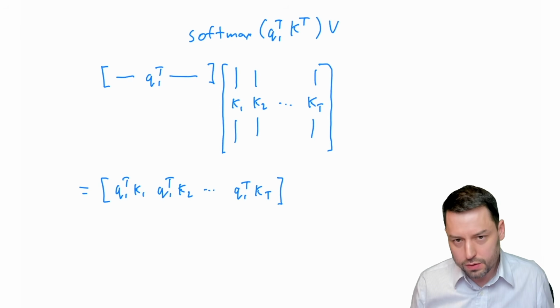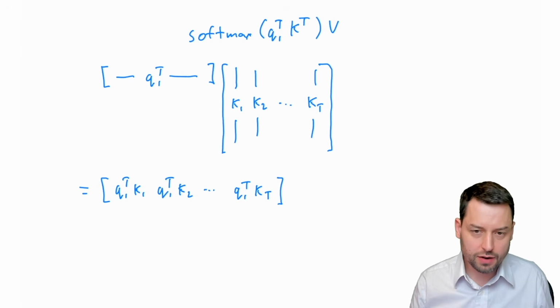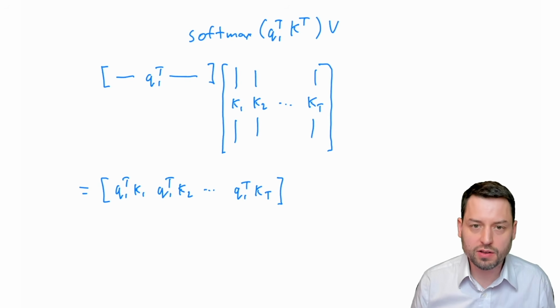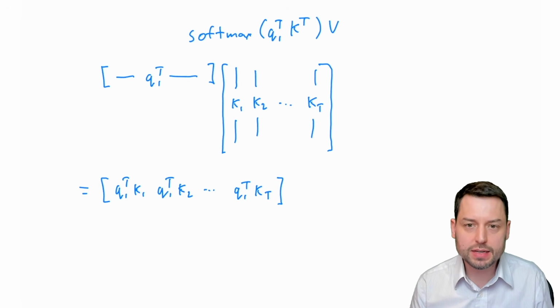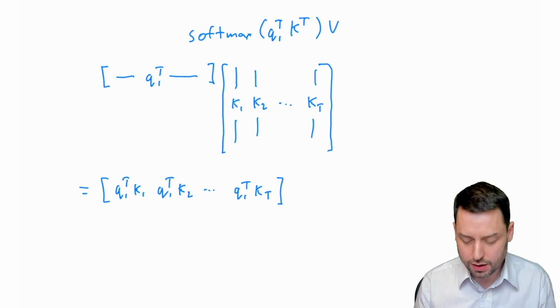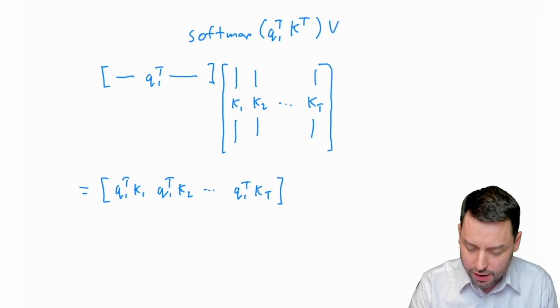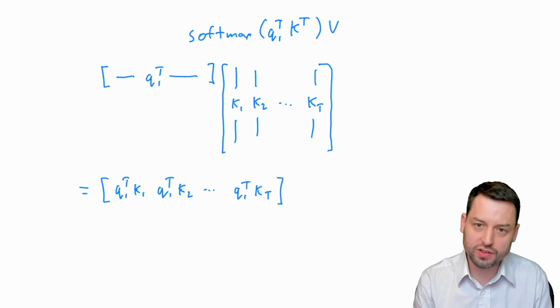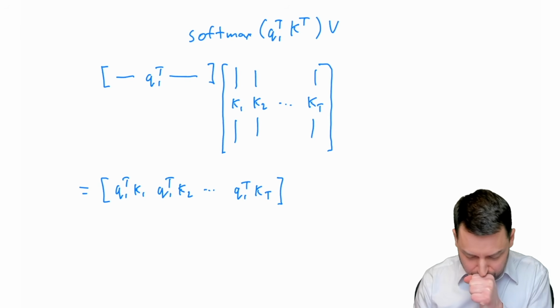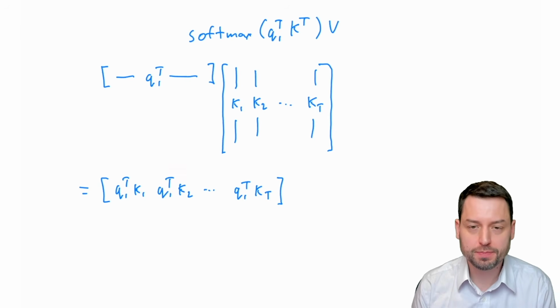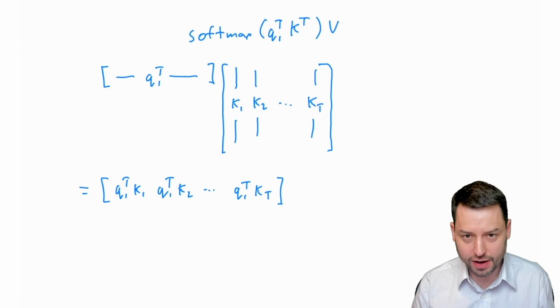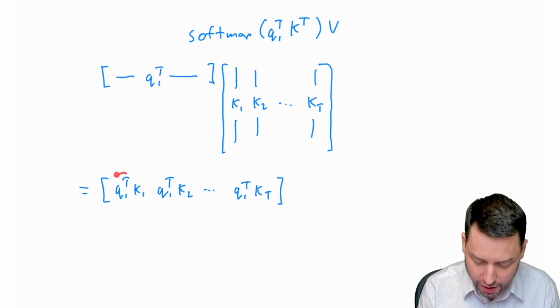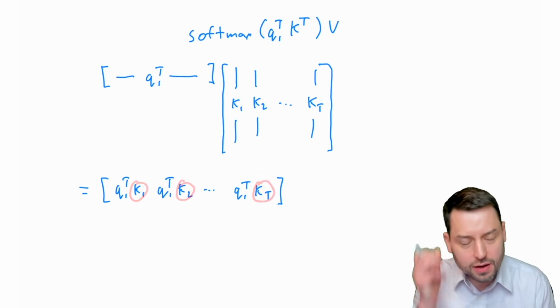Now, remember, one way you can think of an inner product is that it is in some sense computing the similarity between two different vectors. And so what we would expect is if Q1 and K1 were very similar, say identical, then this inner product value would be very high.